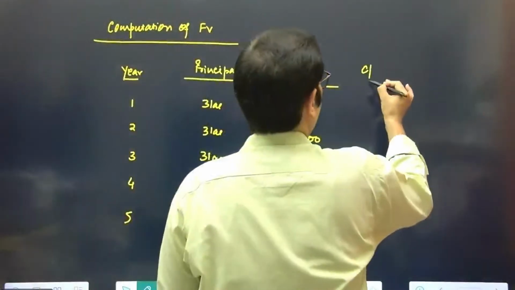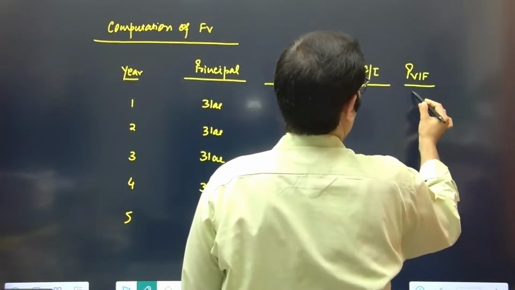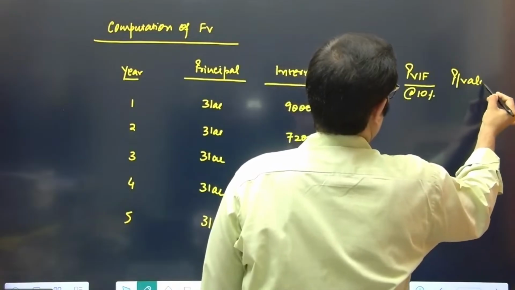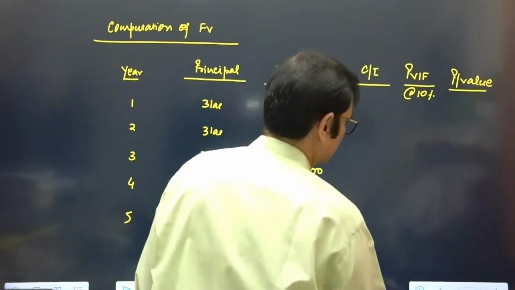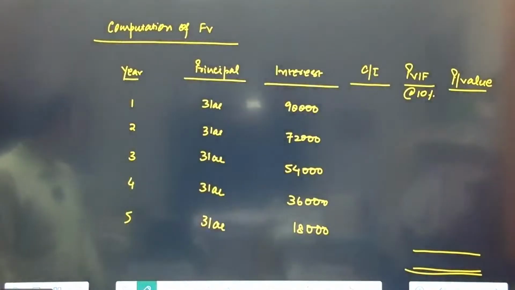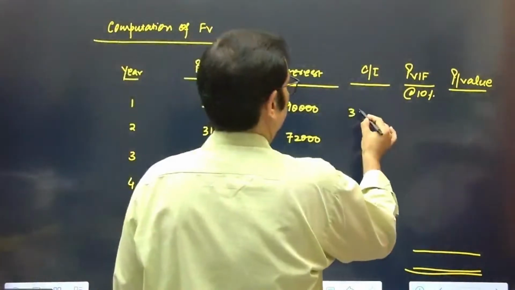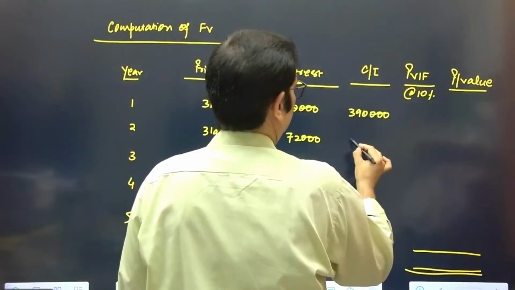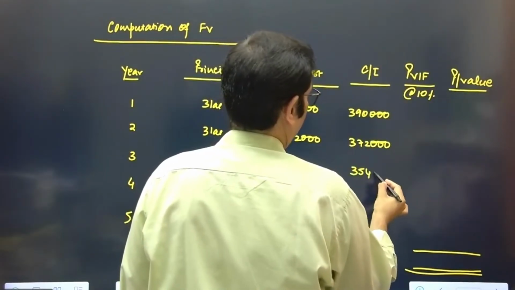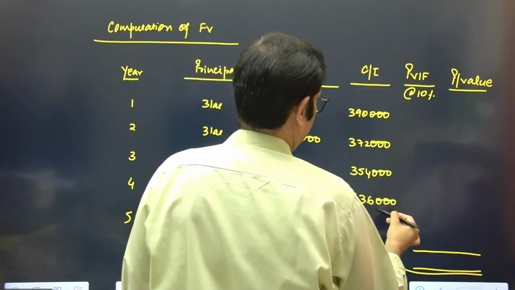So this is the future cash inflow, which is to be discounted at the market rate, which is 10%. And we're going to get the present value. So the present value of all these inflows will equal what is called the fair value. So let's consider the figures. This is 390. This is 372. This is 354. And this is 336.